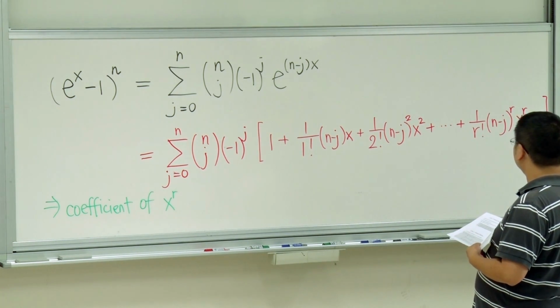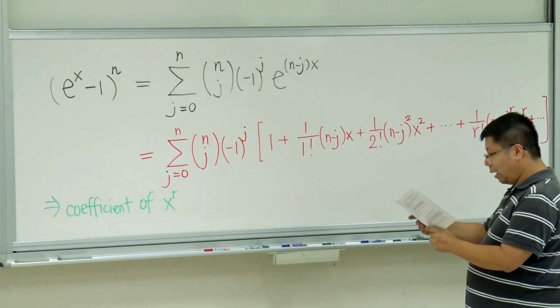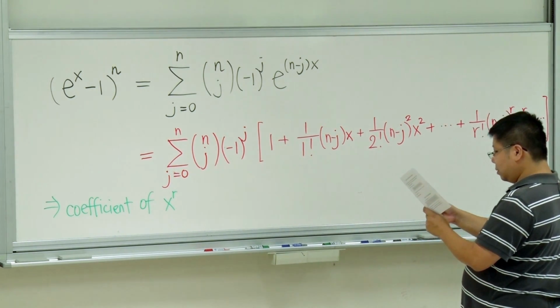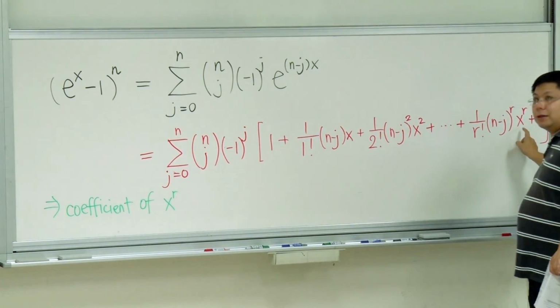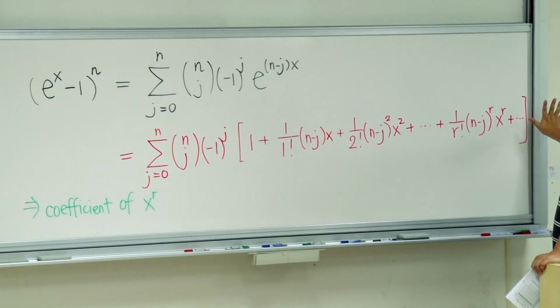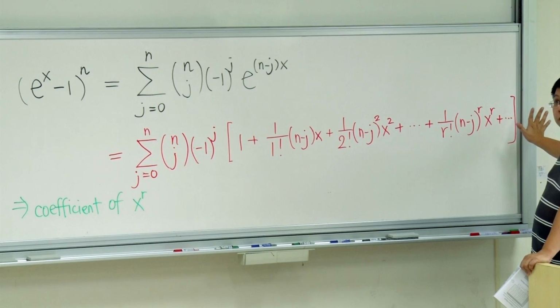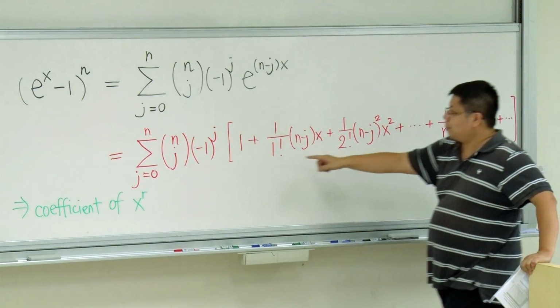So did I make a mistake here? So this is the only term with x to the power r, am I correct? All the terms here don't have x to the power r. So we can get the coefficient of x to the power r fairly easily. It is going to be this term multiplied with this term.